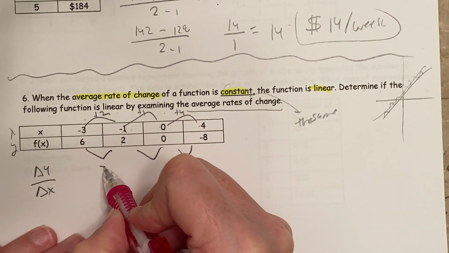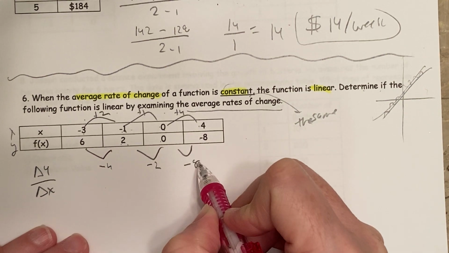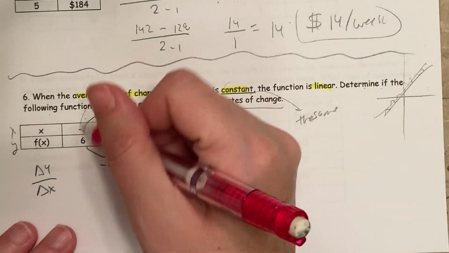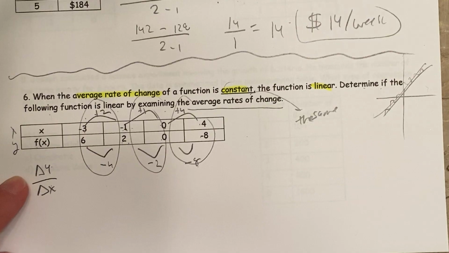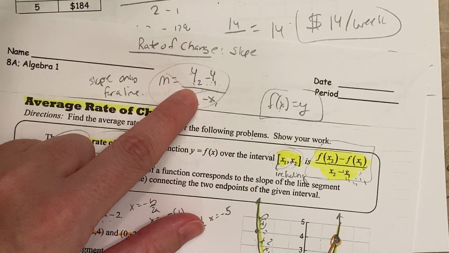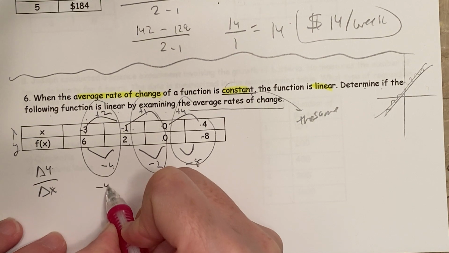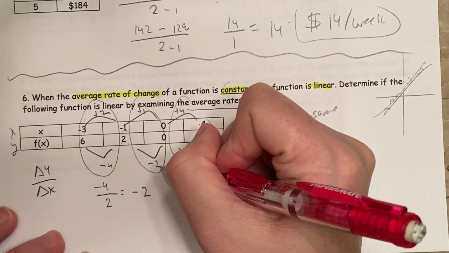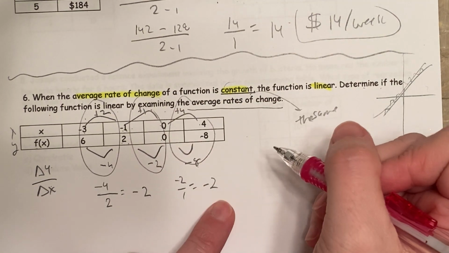From 6 to 2 is -4. 2 to 0 is -2. 0 to -8 is -8. So now we create fractions. y over x, right? That's your slope. Change in y over change in x. So for this first one, it's going to be -4 over 2. What does that get you? -2. Then we have -2 over 1. What does that simplify to? -2.